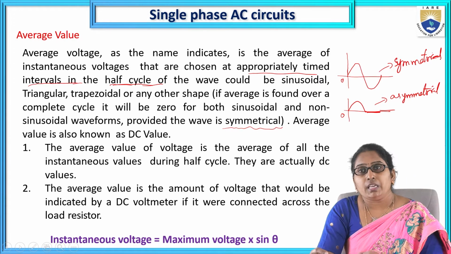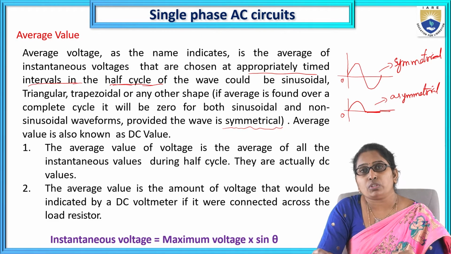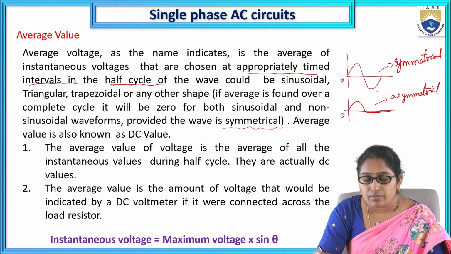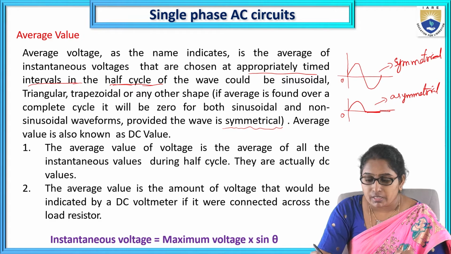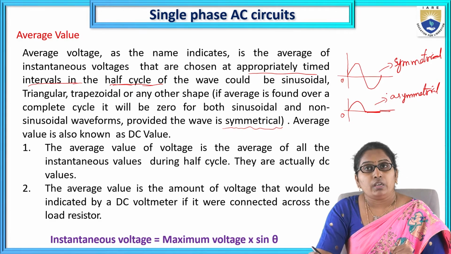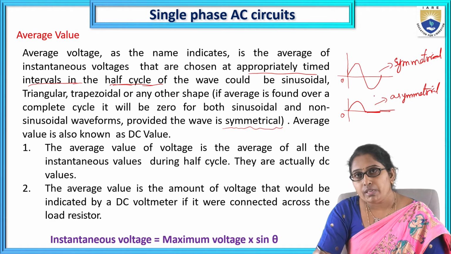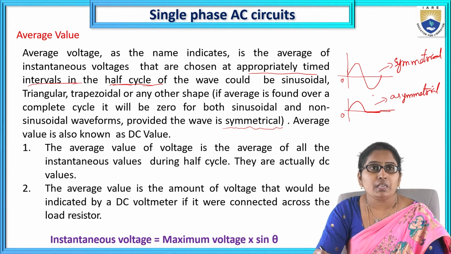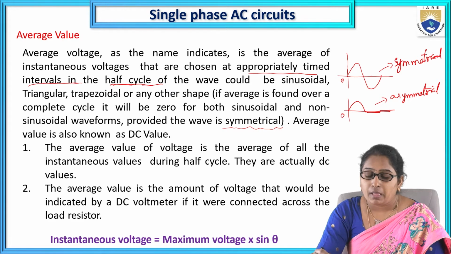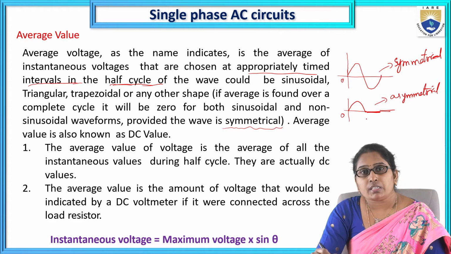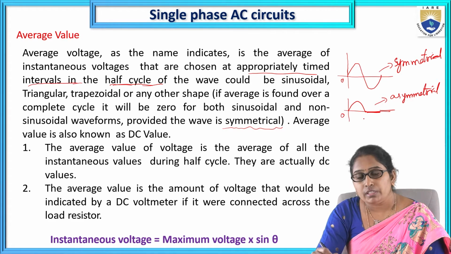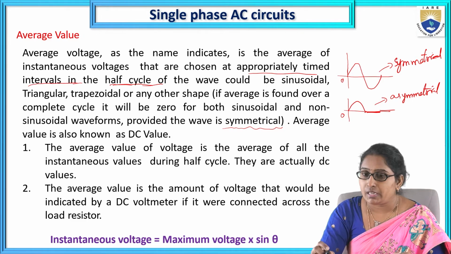If it has equal areas of both positive and negative, then it is symmetrical; if it doesn't, then it is asymmetrical. So if the wave is symmetrical, the average value is calculated only for the half cycle. If the wave is not symmetrical, the average value is found for the complete cycle.